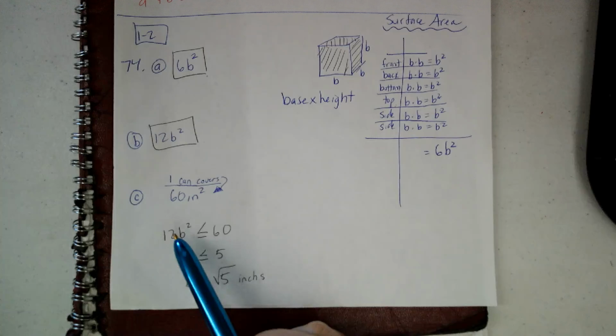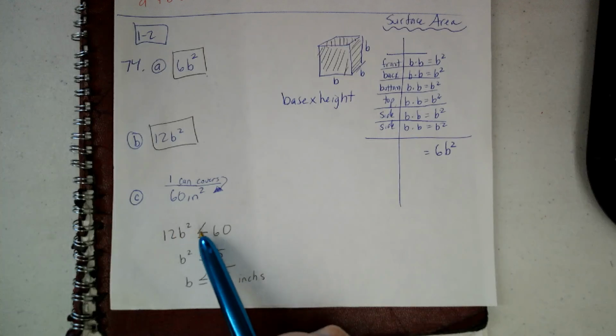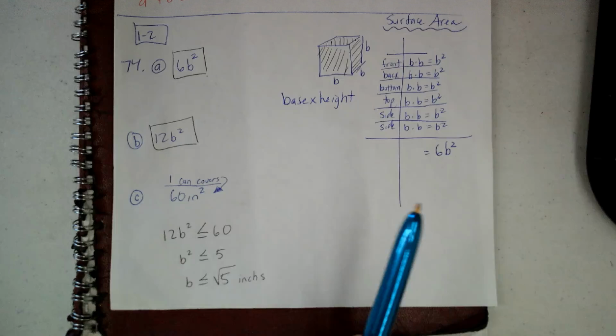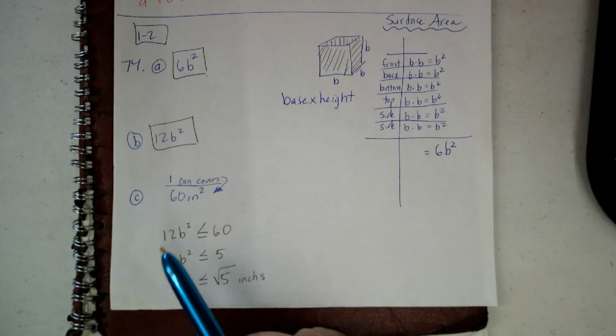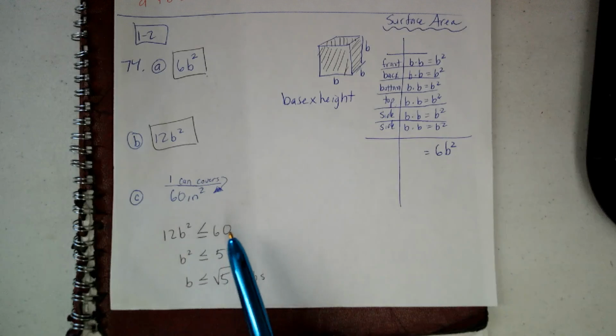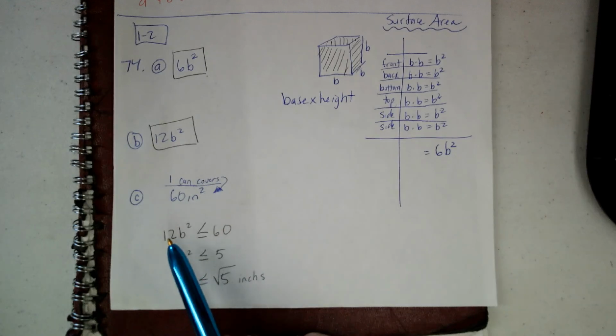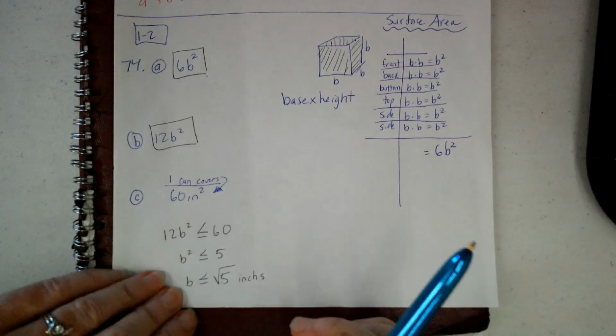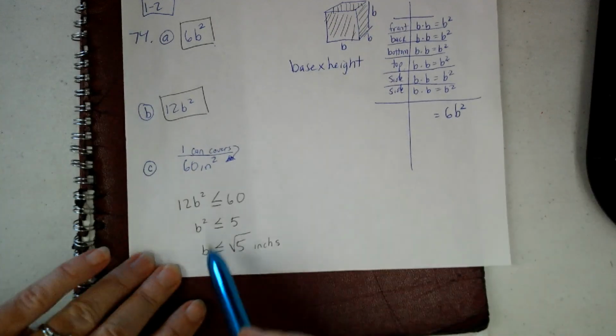So 12b squared has to be within 60 square inches. My block has to need less than 60 square inches worth of paint. If my block has too much surface area, the paint will run out. So I have to go 12b squared is less than or equal to 60. And then I want to solve that because I really need to know how long the side is going to be.